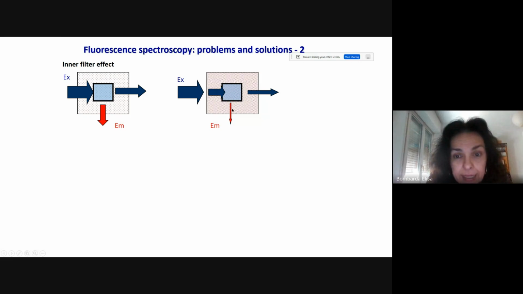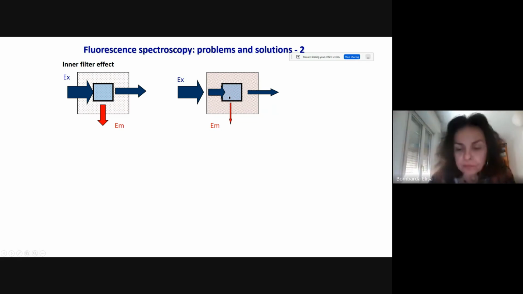And as a consequence, since there are fewer photons, even if you have more molecules that emit, you may have less fluorescence than before.